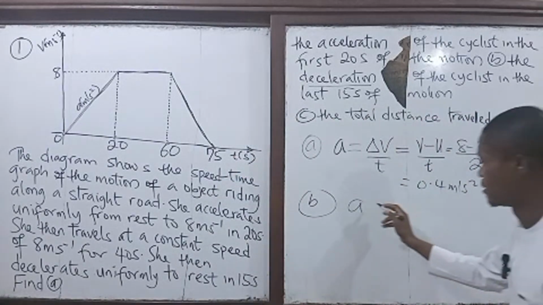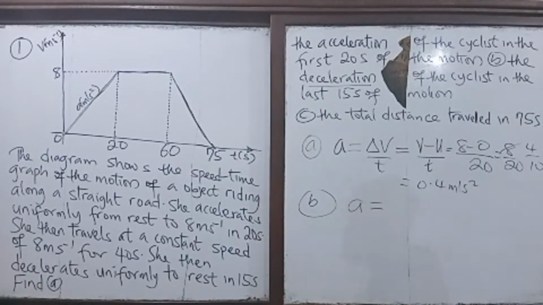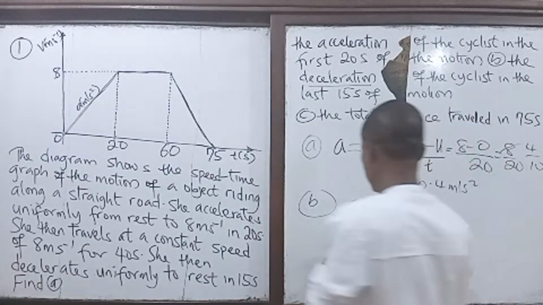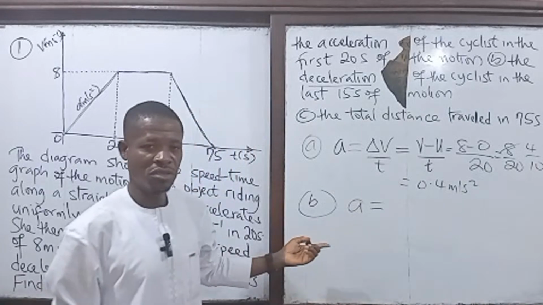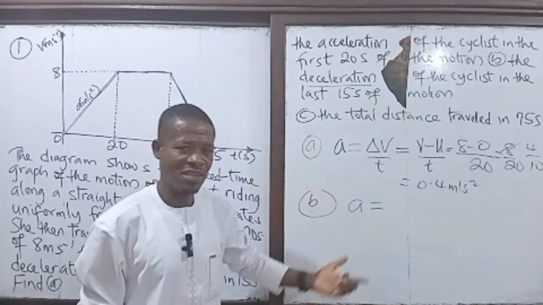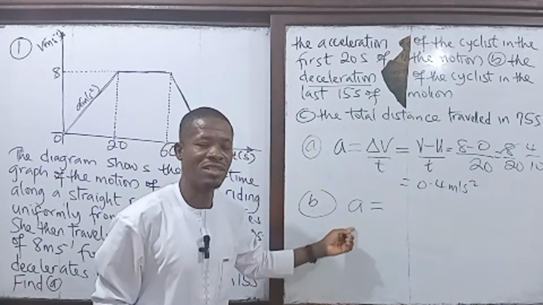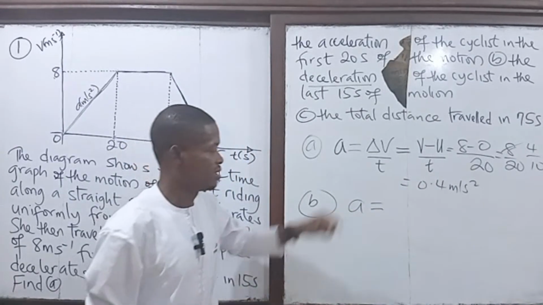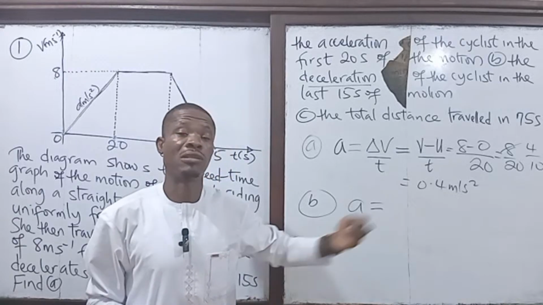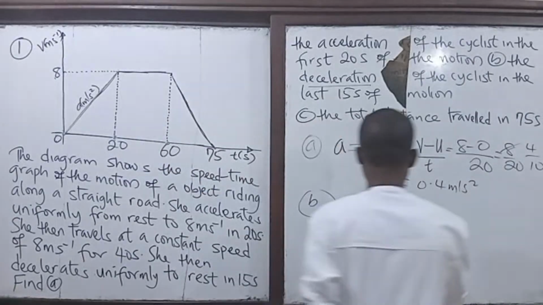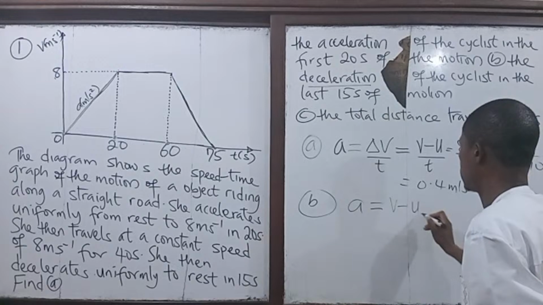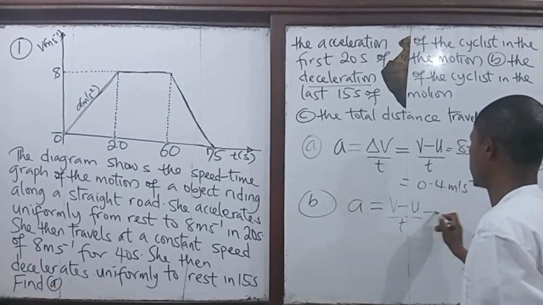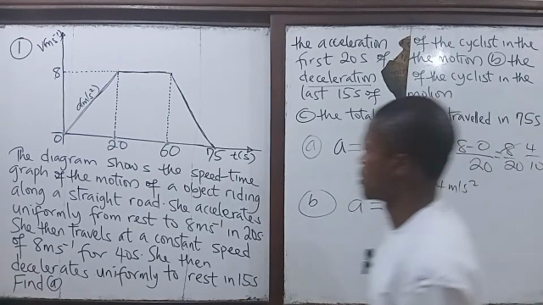The same formula applies, so I'm using a for deceleration. But when you are talking of deceleration, we expect the value to be negative. That's final minus initial over time.